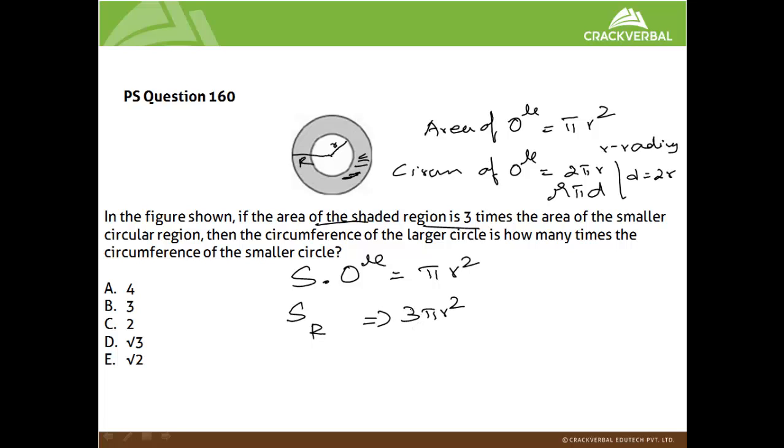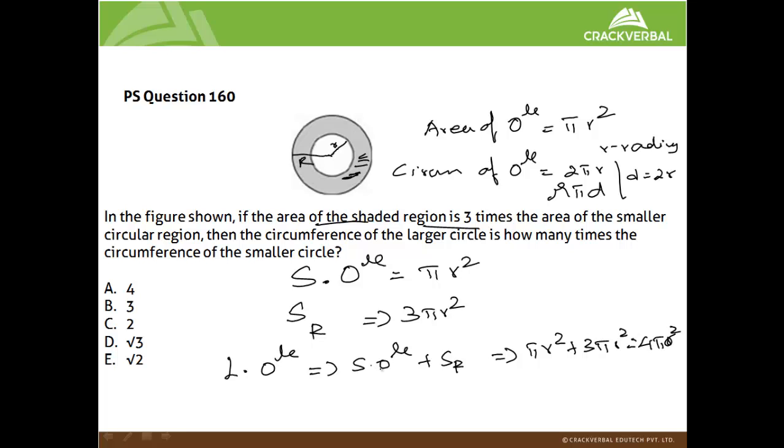The area of the larger circle, LO, is the smaller circle plus the shaded region. So pi r square plus 3 pi r square equals 4 pi r square.